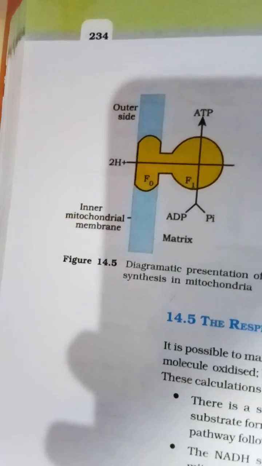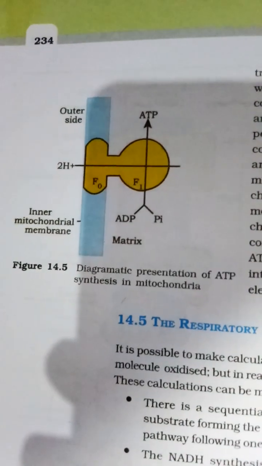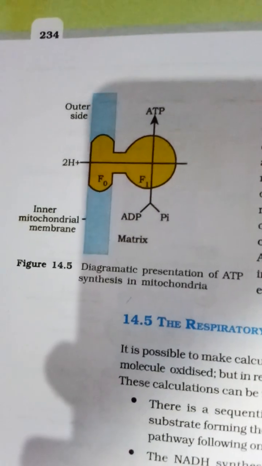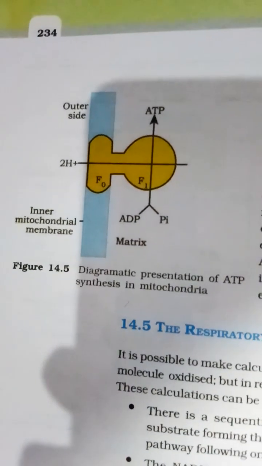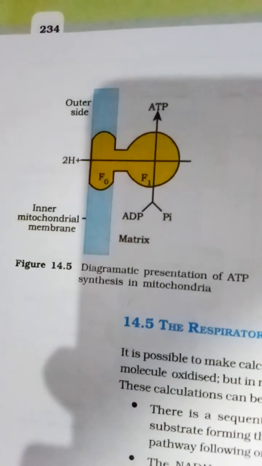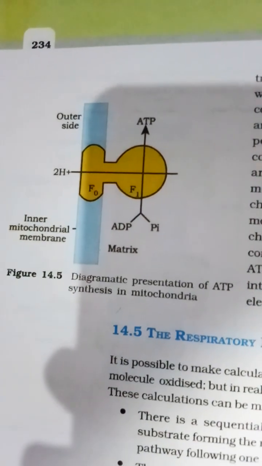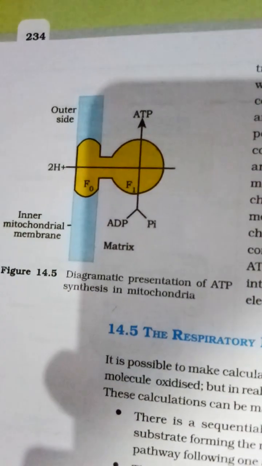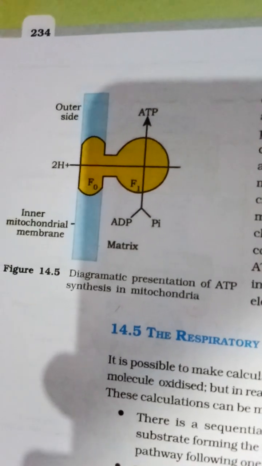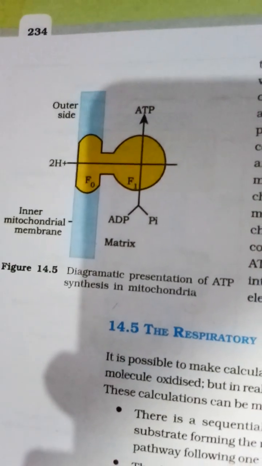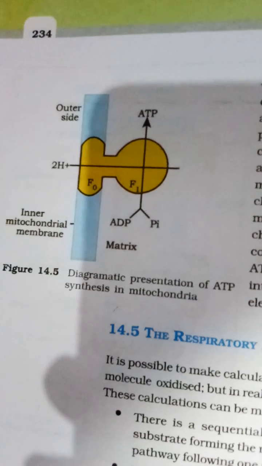ATP synthase, complex 5. This complex consists of two major components, F1 and F0. Figure 14.5 will provide you the information of what I'm saying. The F1 headpiece is a peripheral membrane protein complex and contains the site for synthesis of ATP from ADP and inorganic phosphate.